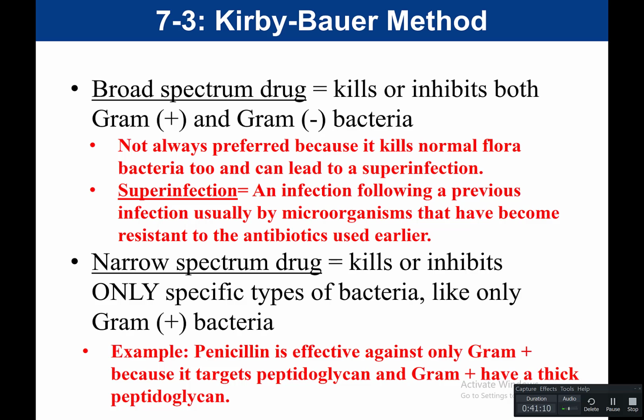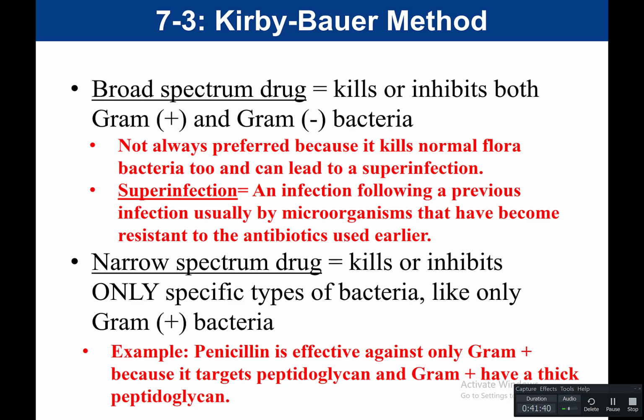So narrow spectrums only target certain types of bacteria. Again, that can be a good thing because it's not going to disrupt normal flora. It's more targeted towards the bacteria that is causing the infection. Oftentimes, as a result of it being more targeted, it's also more effective because it's only inhibiting bacteria that are causing the infection or bacteria that are likely to cause the infection.